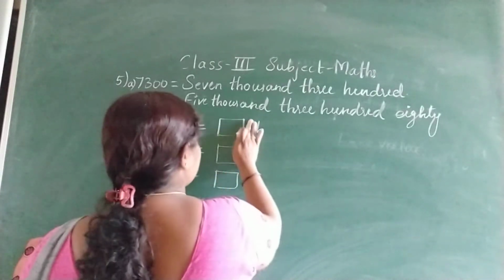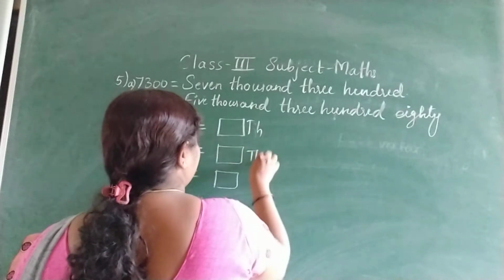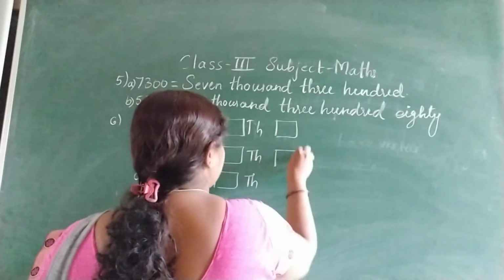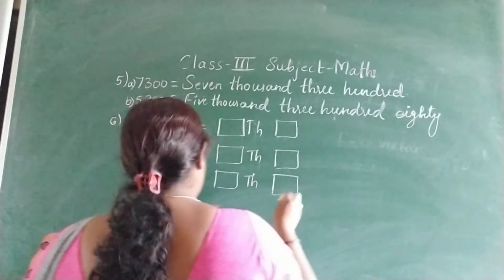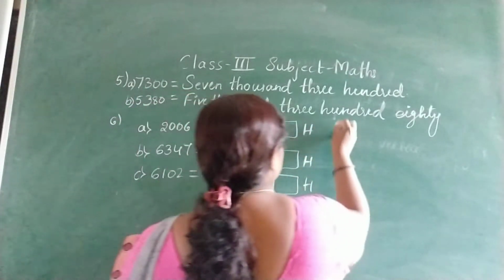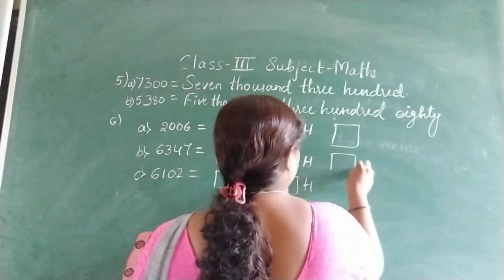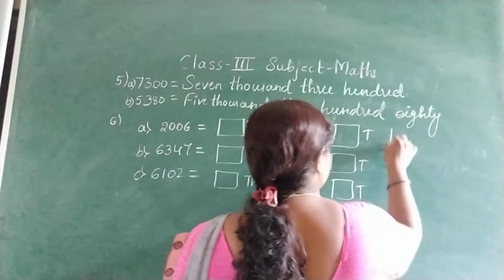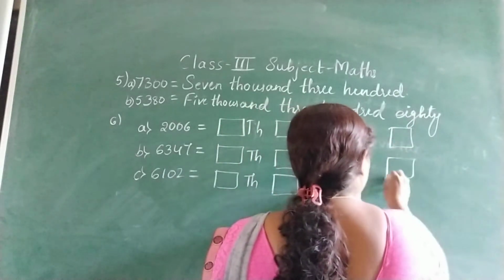What is thousands place? What is hundreds place? And what is tens place? And what is ones place?